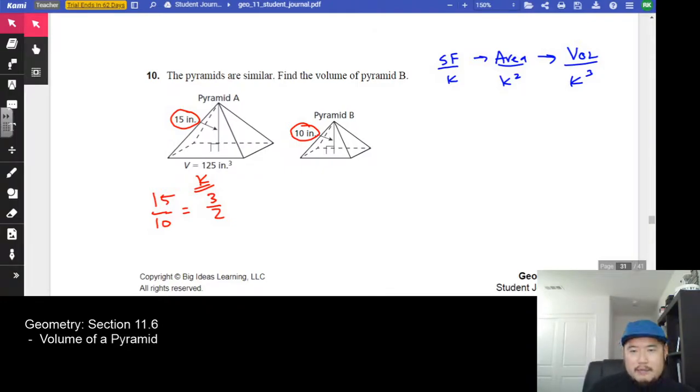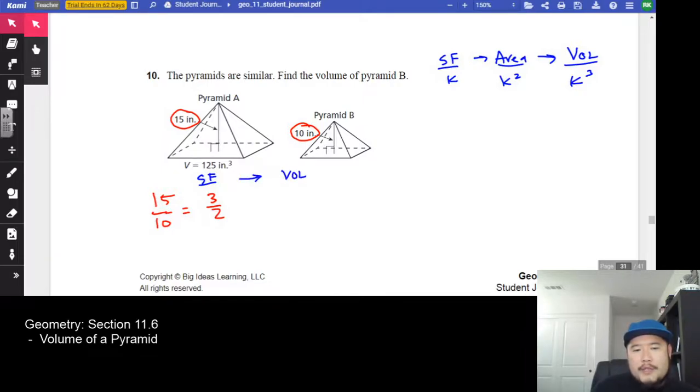Well, I can't make equal comparisons right now just using the scale factor, because remember, scale factor is in just units. Volume is in your scale factor cubed. So instead of K, let's change this to scale factor. But I want to go from scale factor to volume.